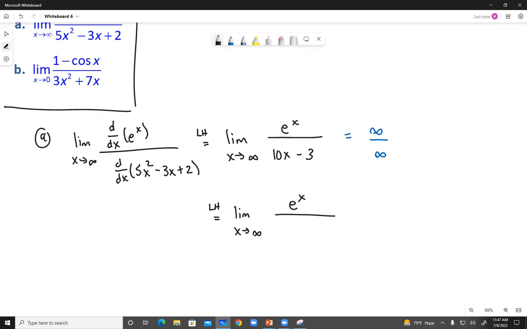We get that the numerator is still e to the x, that has not changed, but my denominator now, the derivative of 10x minus 3, is simply 10. This now gives us infinity over 10, or simply infinity.